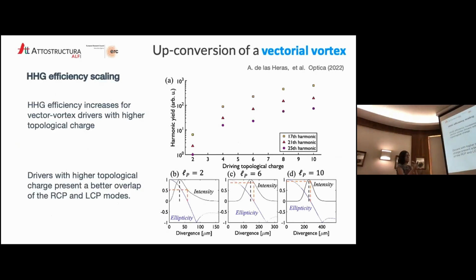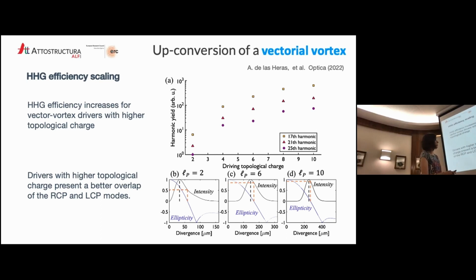And finally, there is another different behavior in the case of a vectorial vortex compared to the case of a scalar vortex: the HHG efficiency increases for drivers with higher topological charge. This can be understood if we see in these bottom row plots the intensity and the ellipticity of the driver.